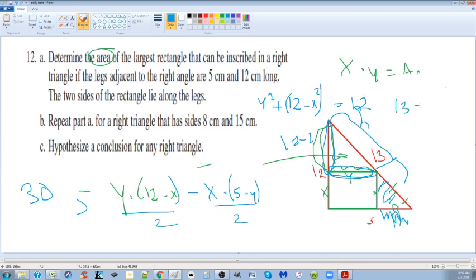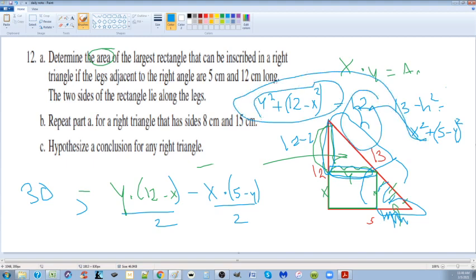Wow. And I know 13 minus hypotenuse 2 is also equal to x squared plus this y squared, which is 5 minus y squared. So I think I could come up with an expression for x squared here, match this, and solve for y and substitute in there.